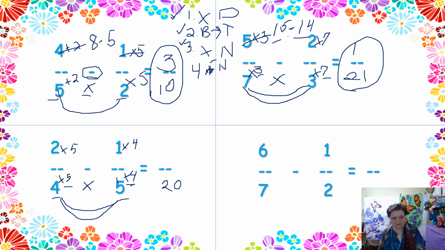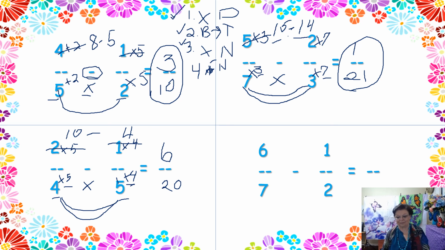What's our new numerator on this side? 2 times 5 is 10. And what's our new numerator over here? 1 times 4 is 4. And now we're going to subtract. 10 minus 4 is, yes, 10 minus 4 is 6. It's not that hard.